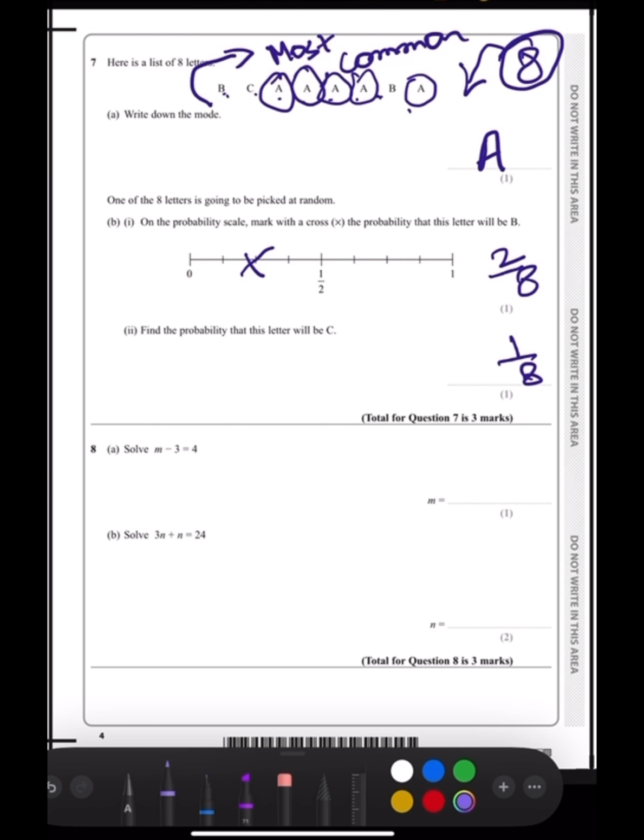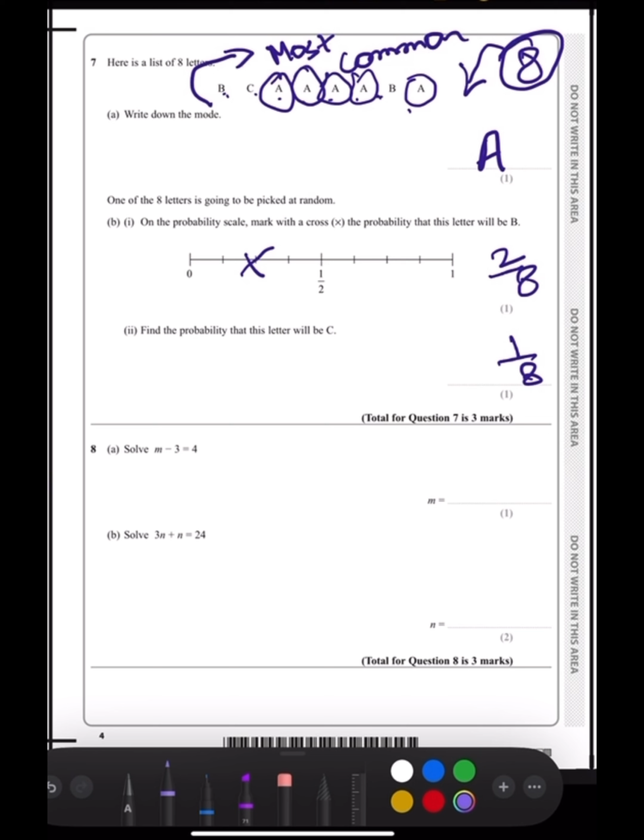Like ratio is very common, and in a similar way you are going to have algebra questions in both calculator and non-calculator papers. So it's always important to practice it and earn the most marks, whether it is a 4 marker, 5 marker, 6 marker, 3, 2, 1.